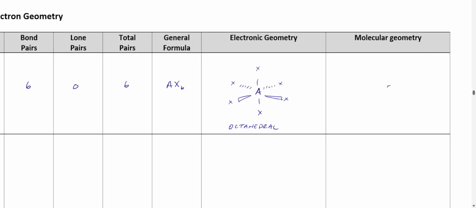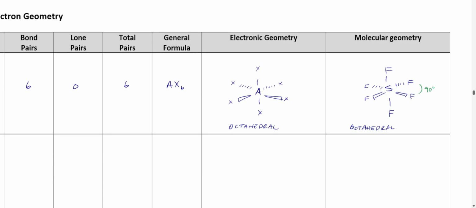So I do sulfur over here, and then I do fluorine up here. Same arrangement. Hopefully you can see that there is a square base and that there is a fluorine above and below it. This one is still, again, octahedral. And all my bond angles here are 90 degrees.